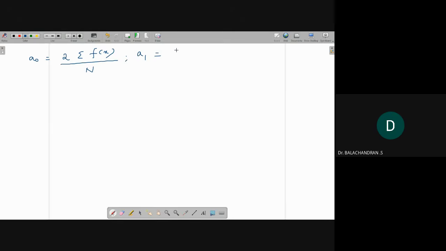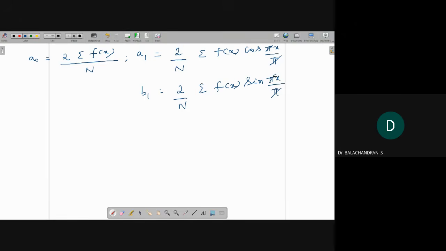A1 is what? 2 by n into summation f of x into cos n pi x by L, n is 1, L is pi. And then b1, 2 by n into summation f of x into sine n pi x by L, n is 1, L is pi.